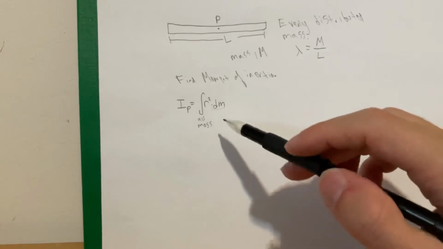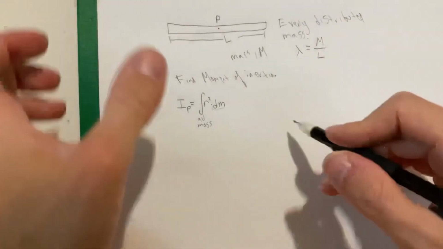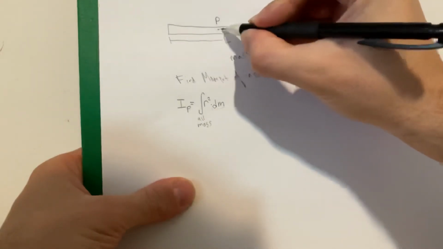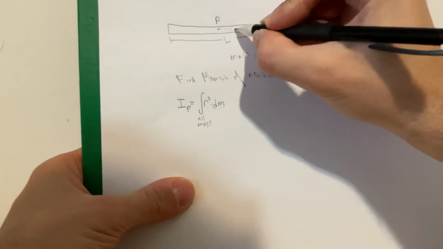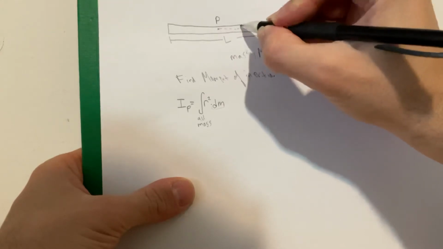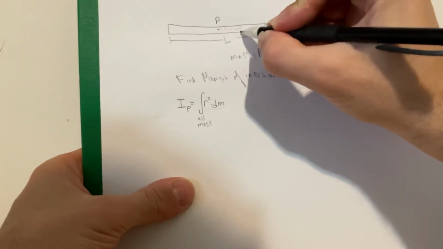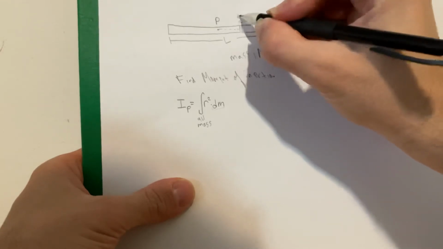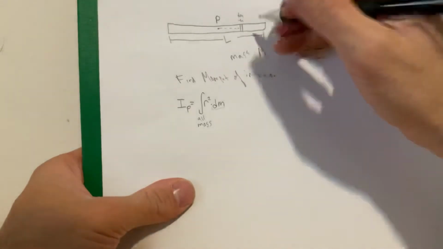Well, as we integrate and we're a certain distance r away from the center point, that dm there is talking about a tiny little piece of mass, dm. That's our little dm.